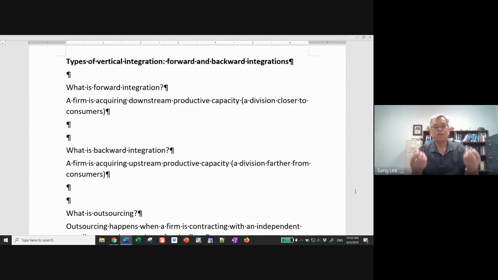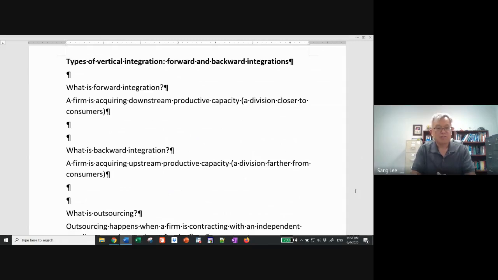But if Dell decides to sell its products directly to consumers by taking over chain stores, then it will be an example of forward integration.